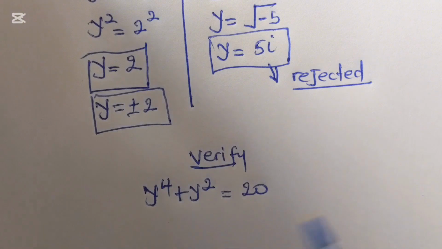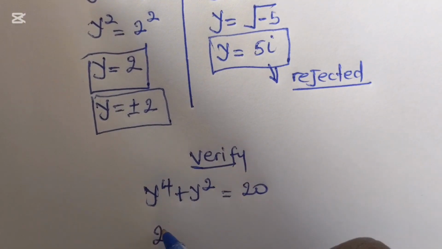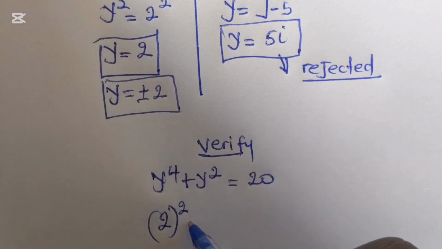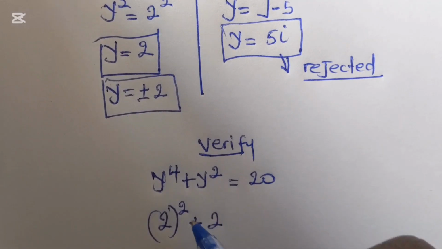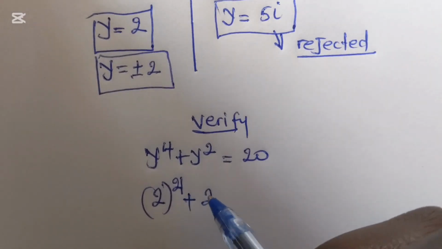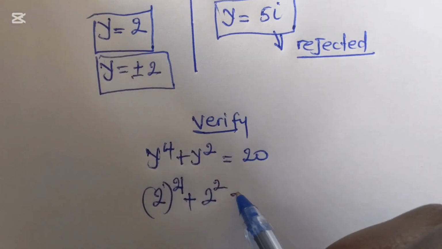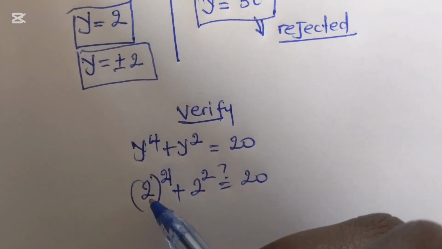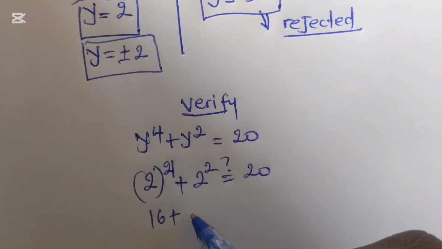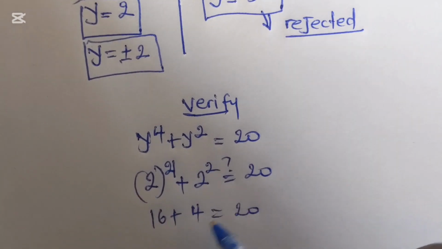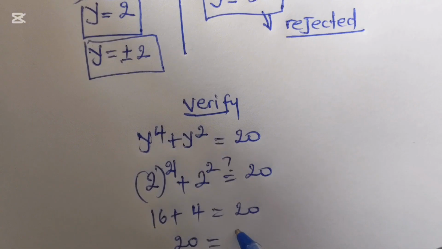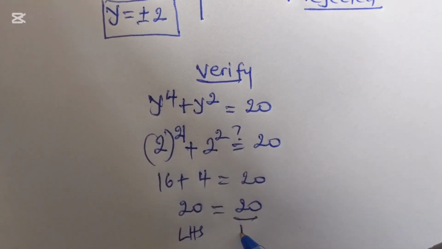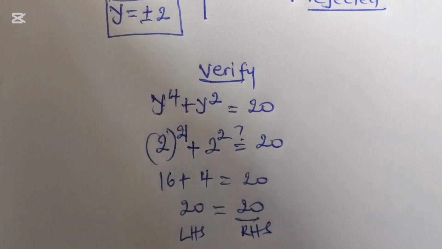Then we have 2 to the power 4 plus 2 squared equal to 20? Okay, then here we have 16 plus 4, which equals 20. Then 20 will be equal to 20. Then the left hand side equals the right hand side.